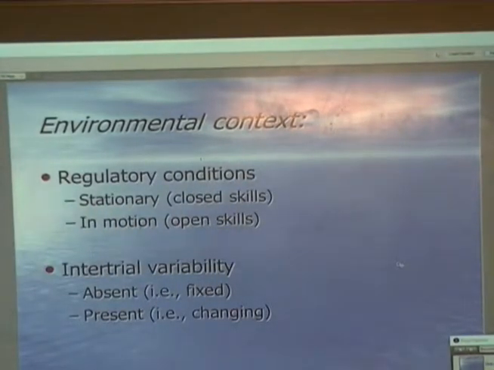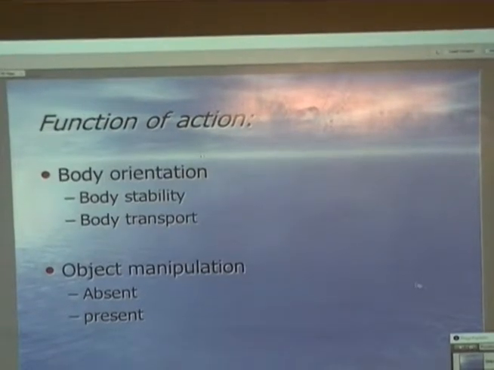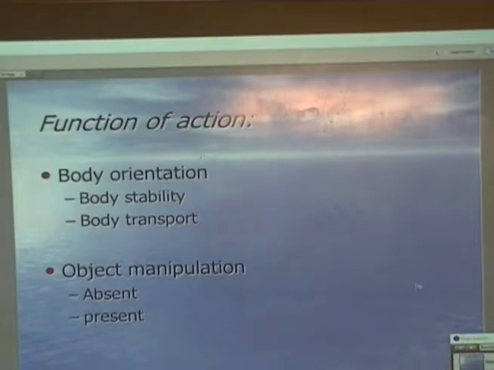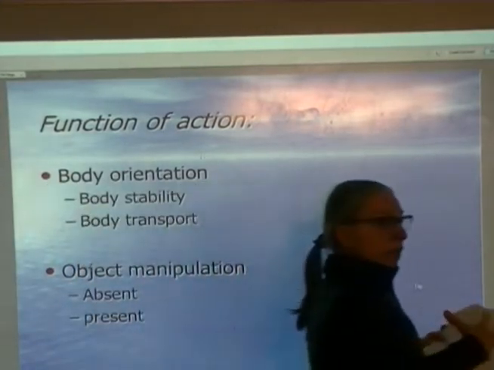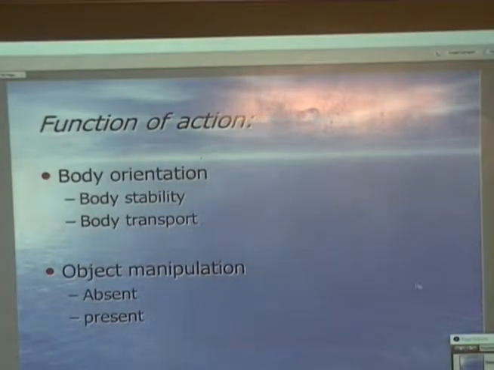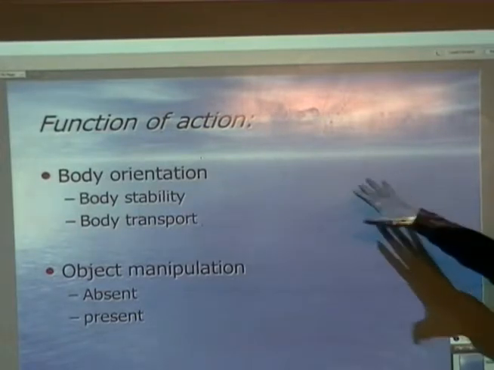The other initial category that she came up with was looking at what's going on with the actual task, right, with the skill. And so here she's looking at the person doing the skill, and she picked body orientation.